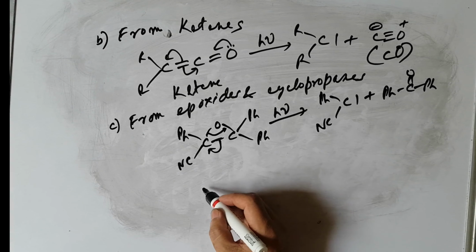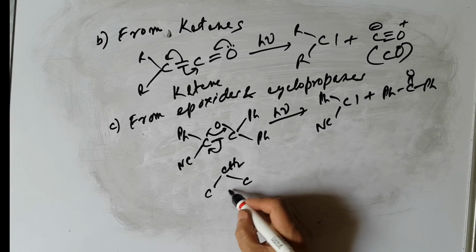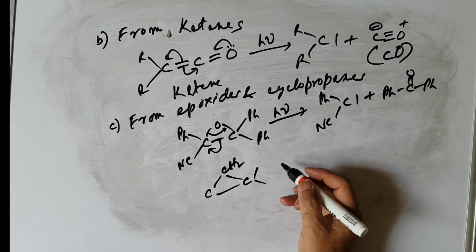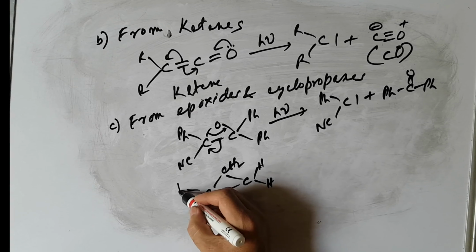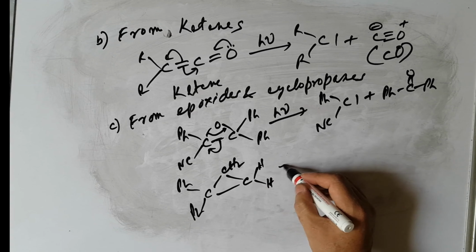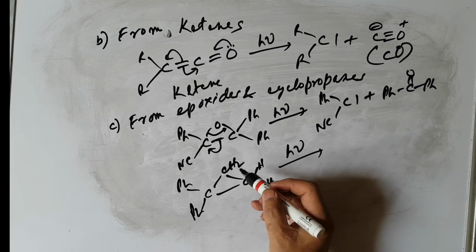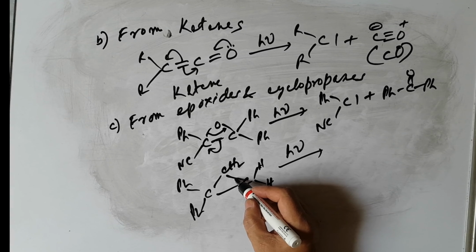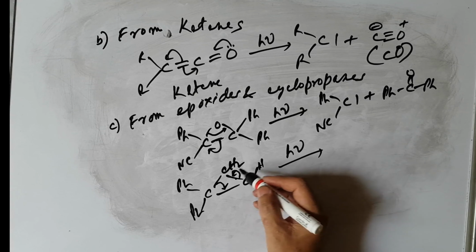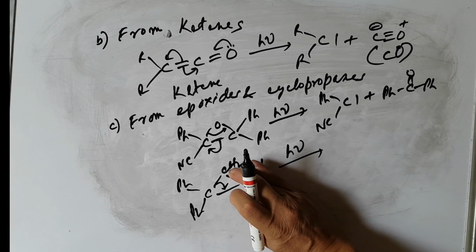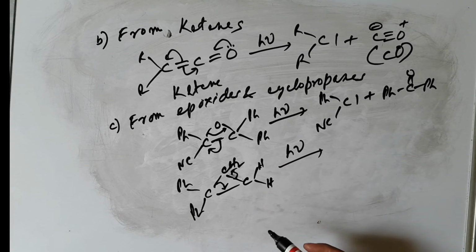And from cyclopropane also I can give one example. See cyclopropane, let's say CH2 here, and these two are phenyl. By photolysis they can generate this. Here also the same case, either this way or this way.